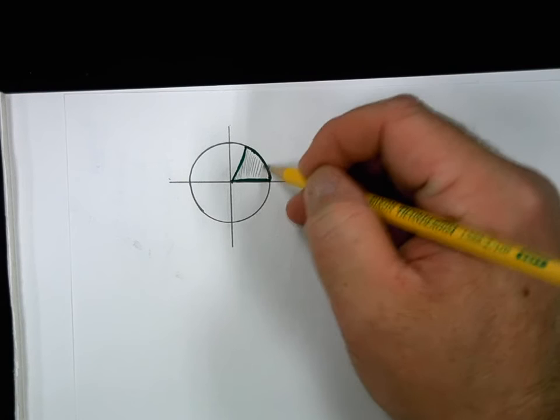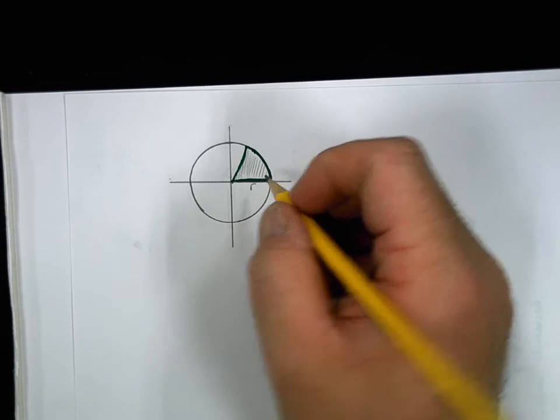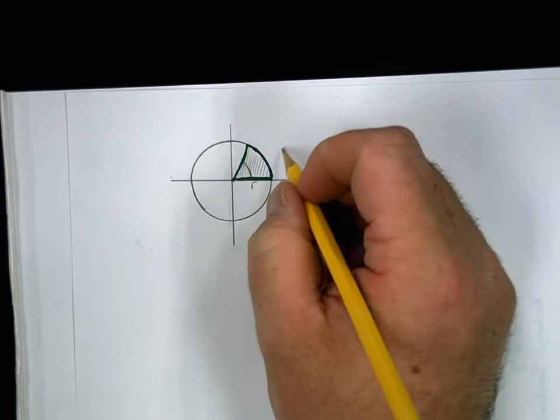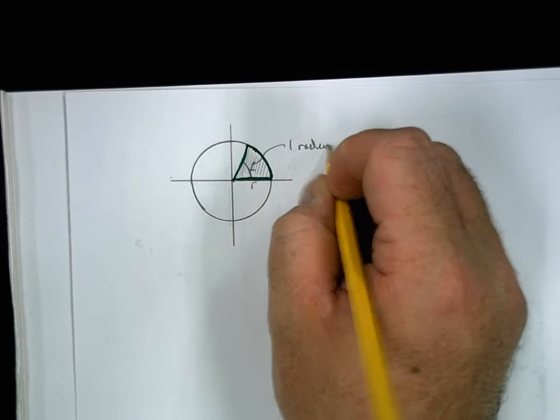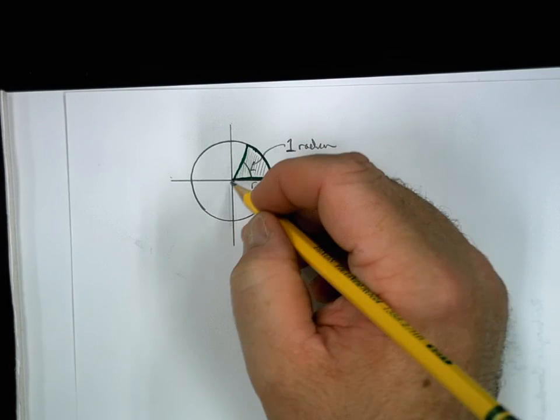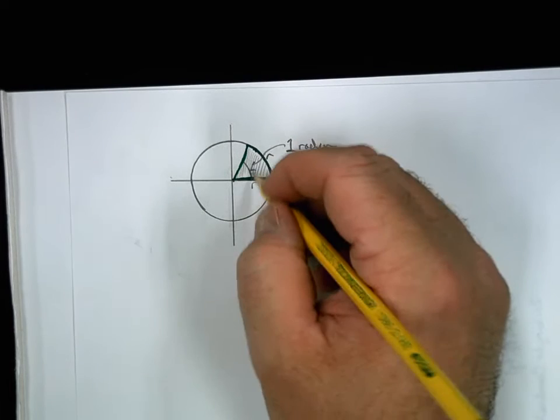This is R. This right here is 1 radian. The measure of this angle, if we lay this R and measure it along here so that this arc length is also R, then this angle is called 1 radian.